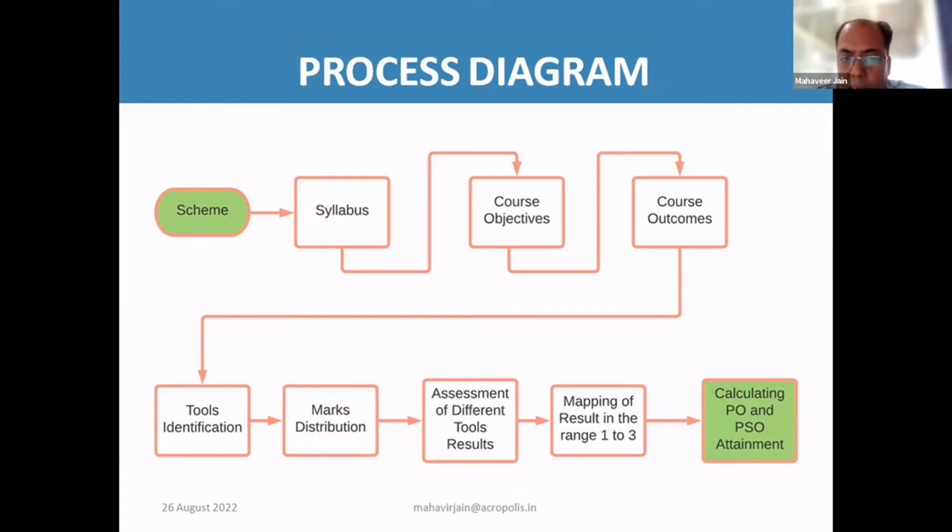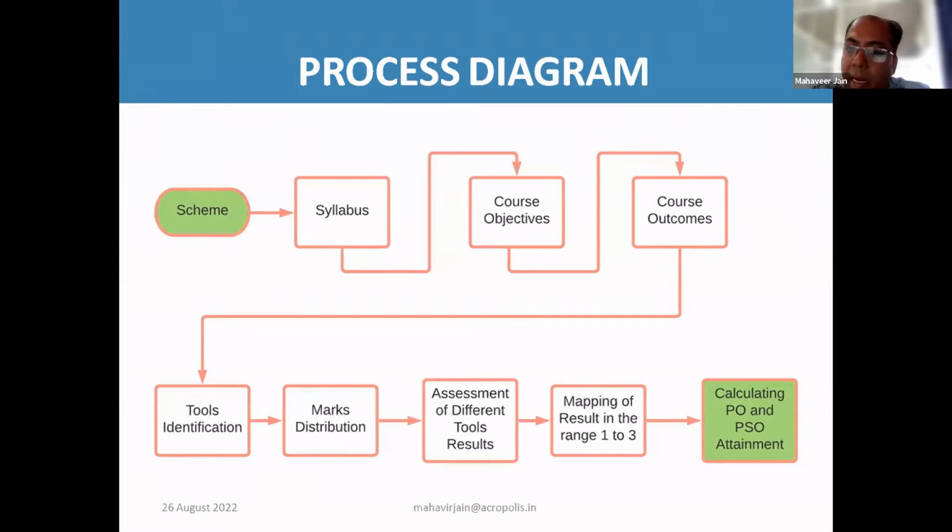Normally there are 5 units, so you may have 5 objectives, or you can have more than that. There is no such guideline. If my course has 5 units, I need to have 5 objectives. It can be less, it can be more also.